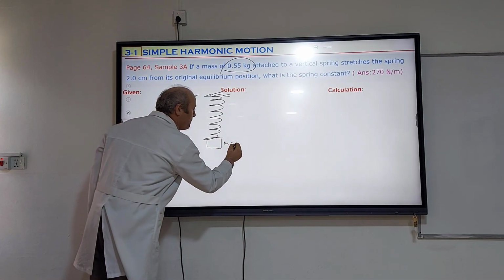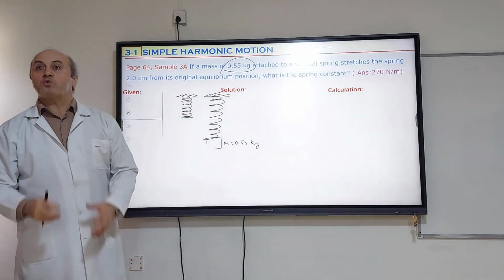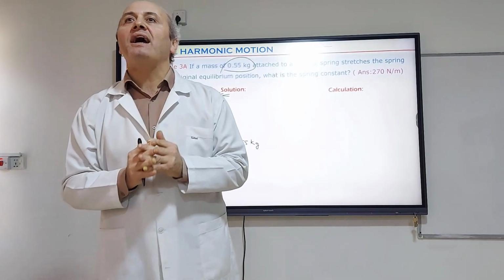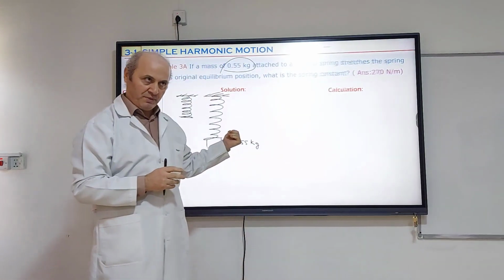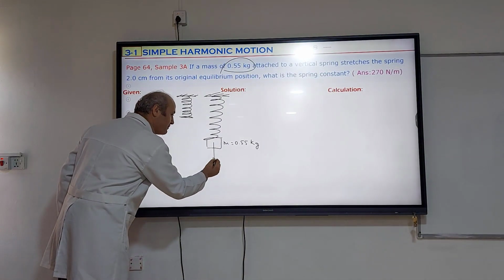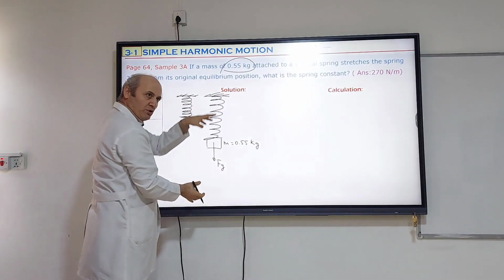M is equal to 0.55 kilogram. This spring will be stretched. Why is it stretched? Because this mass applies a force on the spring, which is equal to the gravitational force, Fg, acting on this mass, causing this spring to be stretched.